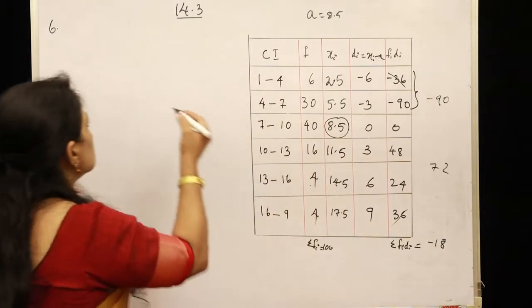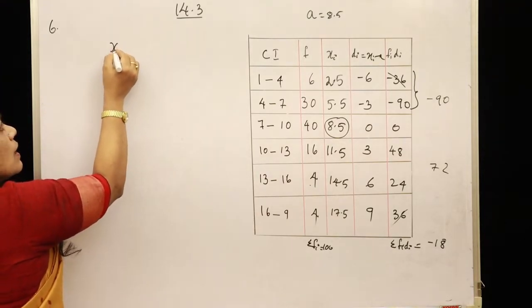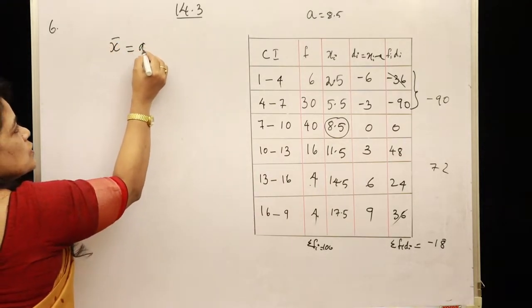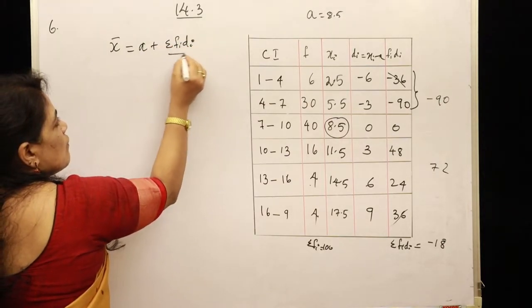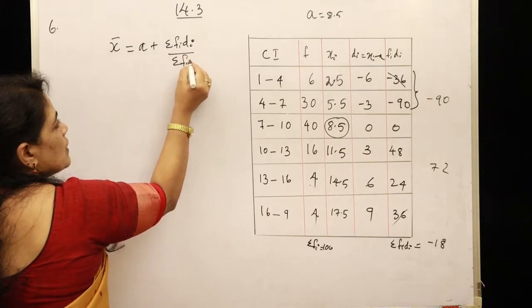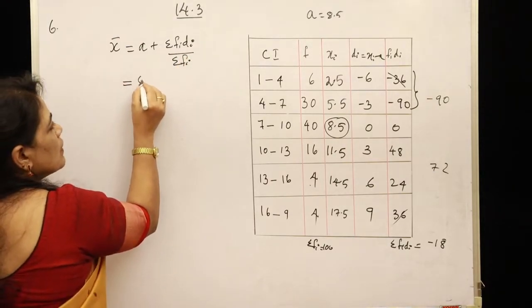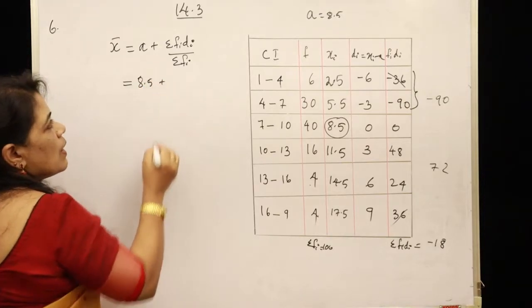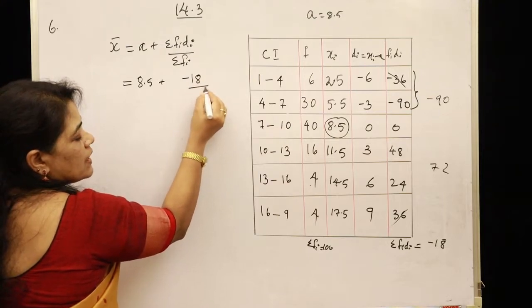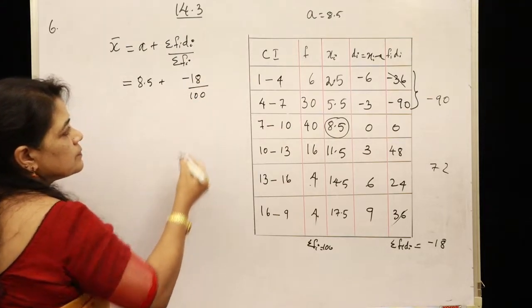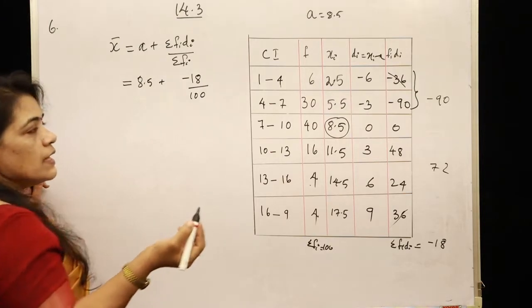And what is the assumed mean method? By the assumed mean method, x bar, the arithmetic mean, is equal to A plus sigma fi di divided by sigma fi. The assumed mean we have selected is 8.5, plus sigma fi di, negative 18, divided by 100. It is very simple.